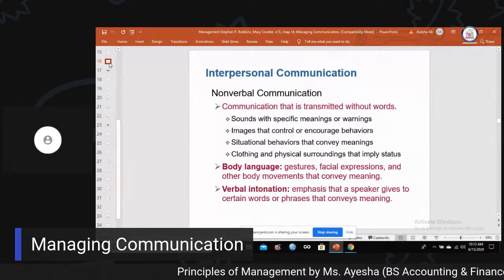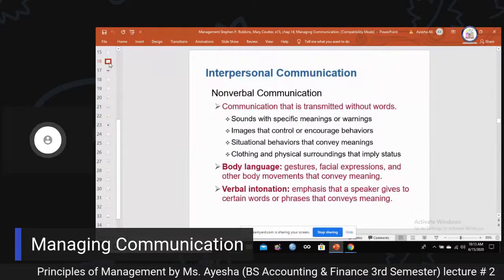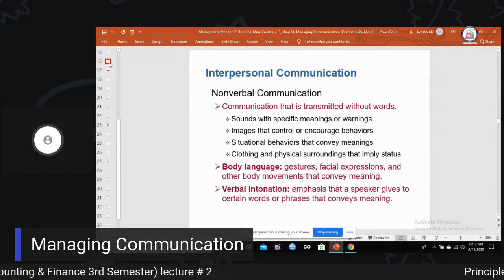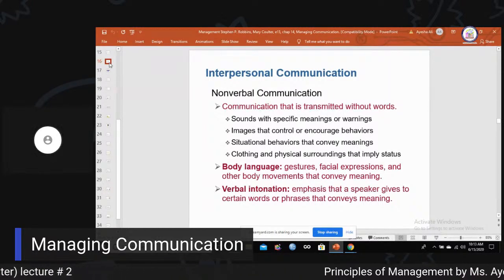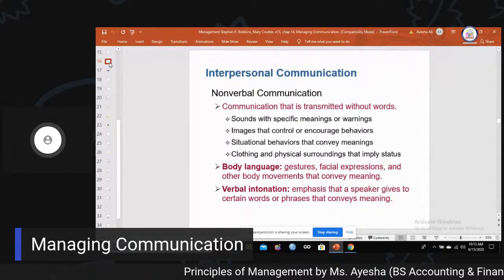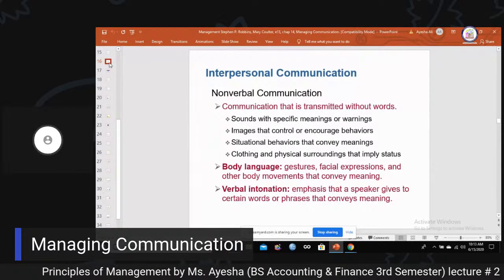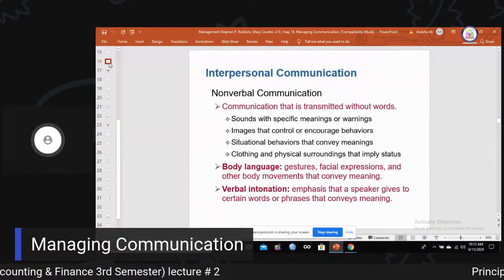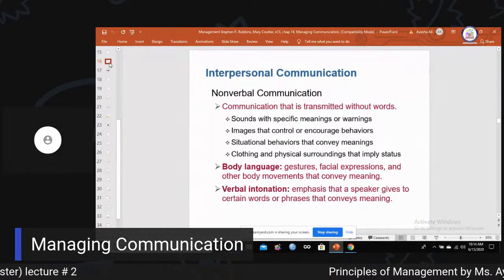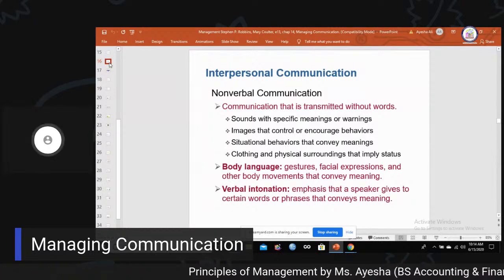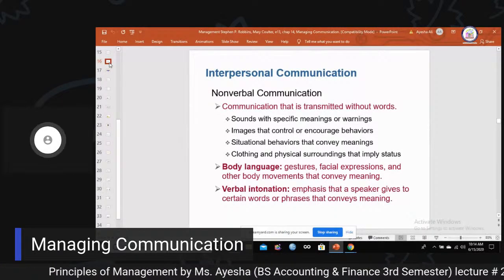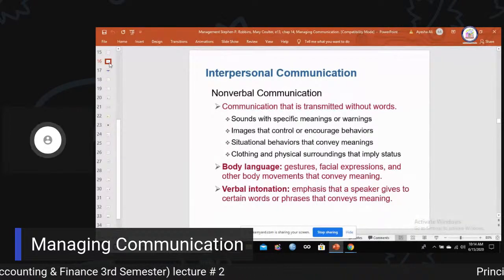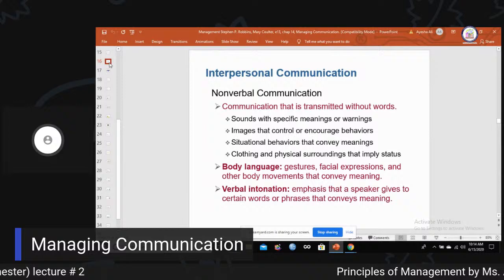For example, during a meeting, a worker raises a question about some project, and the boss answers softly, in a friendly and welcoming way, so the worker is encouraged to participate in the coming meeting. But if the boss does the vice versa and answers abruptly, in an abrasive way, the worker is discouraged and demotivated.